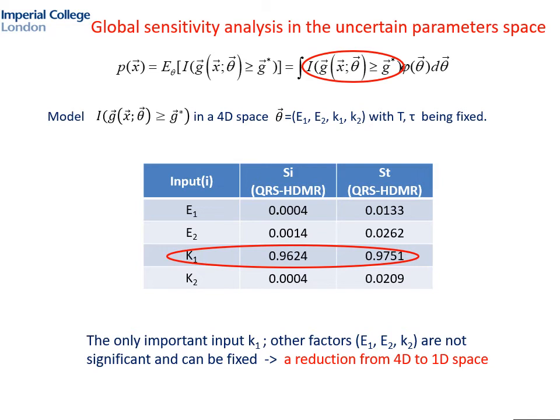These results were used for complexity reduction, namely by fixing all other not important parameters to their nominal values, therefore reducing the dimensionality from 4D to 1D.